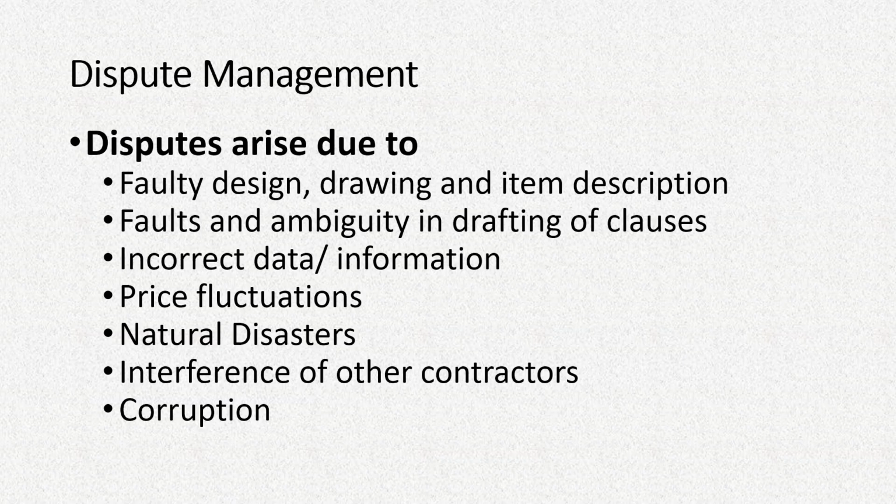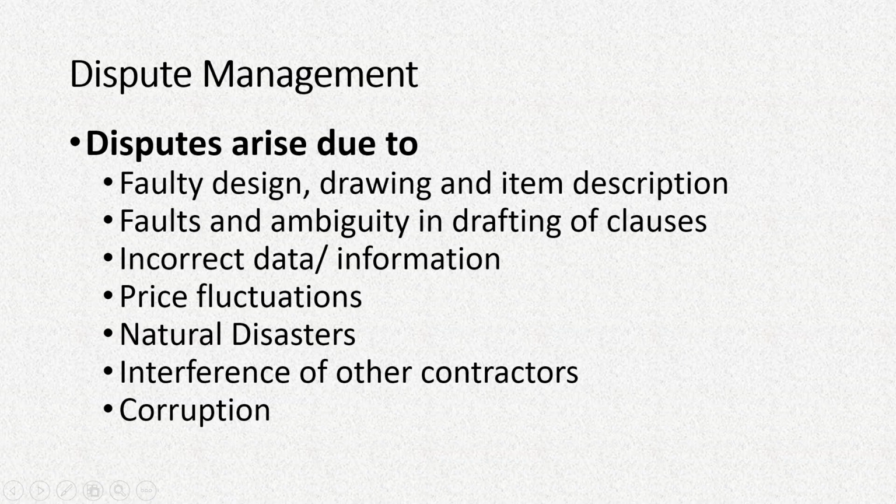Sometimes subcontractors who will be working under the main contractor may also raise some issues, and those may also lead to some disputes. And then of course corruption is a major concern for which different disputes may be possible.